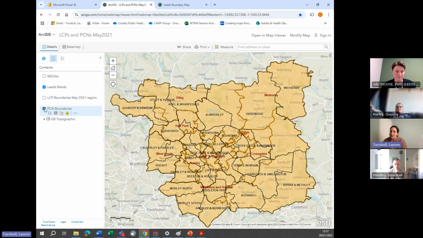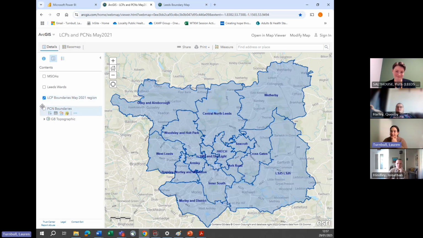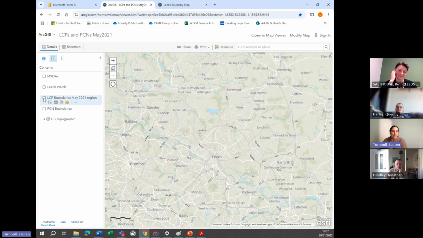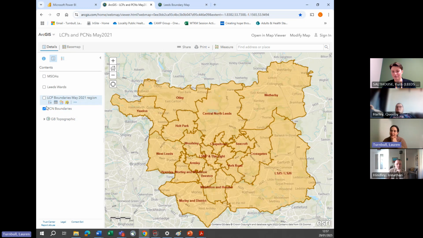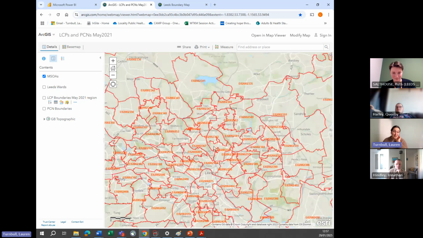You can look at PCNs and wards all in one, although it's quite difficult sometimes to figure out what you're looking at. And then you've also got the LCP boundaries. That might help you when you're thinking about where you are and what you're trying to find. There's also the MSOAs, which are those even smaller areas. They're codes, so it might not make a lot of sense, but if it's useful, you can have a look at that map.